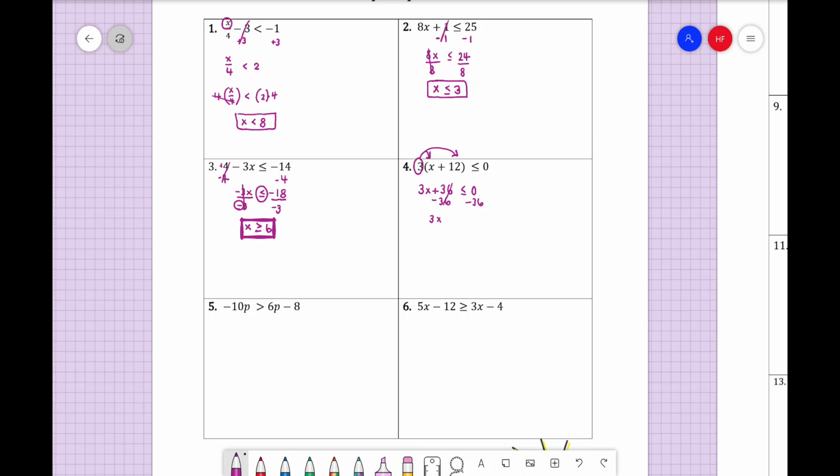Now I have 3x less than or equal to negative 36. Just because I have a negative doesn't mean I'm flipping. I only flip when I divide or multiply by a negative. So I'm not dividing by a negative. I'm going to get rid of that coefficient. So x is less than or equal to negative 36 divided by 3 is negative 12.